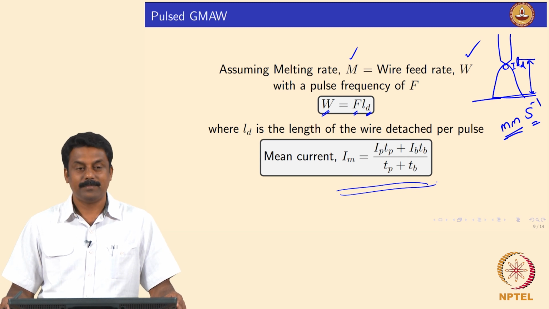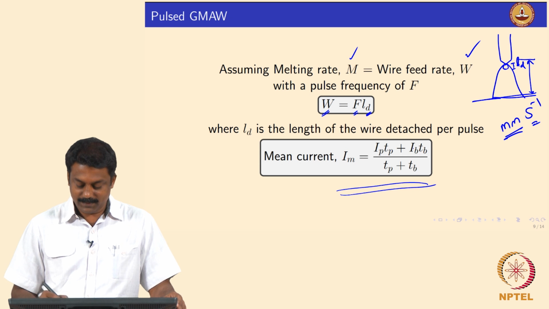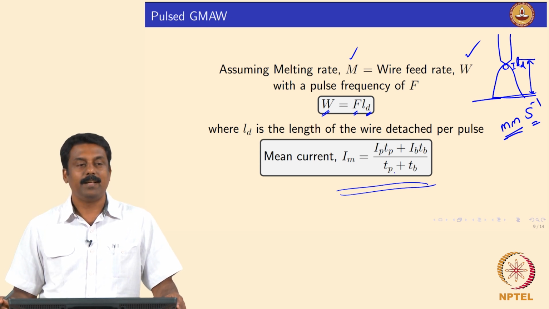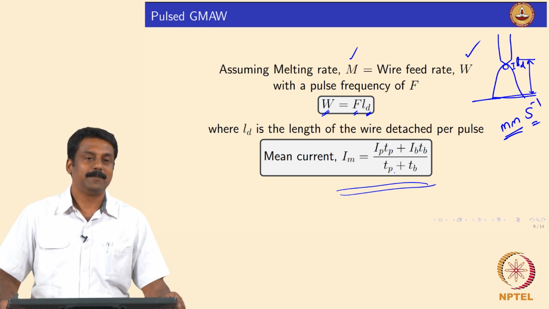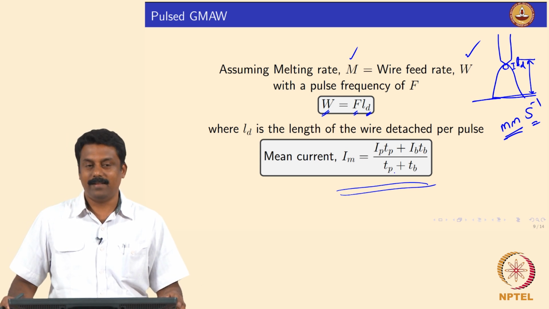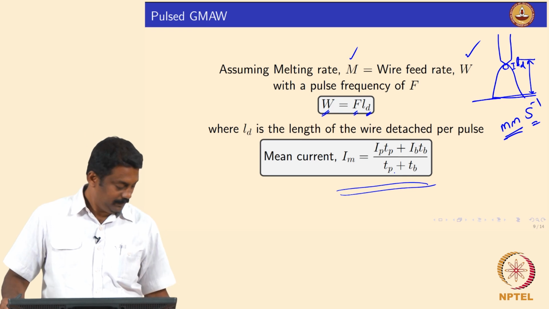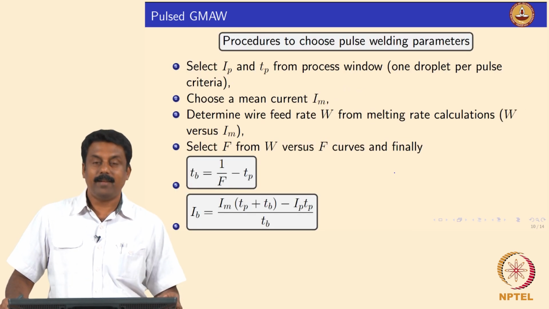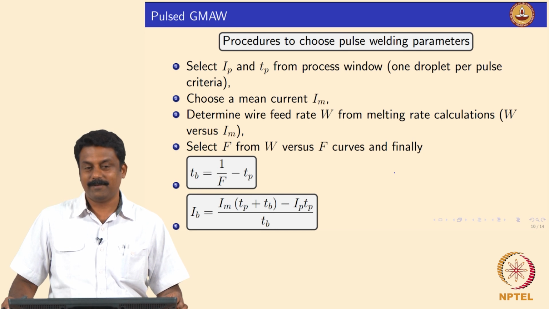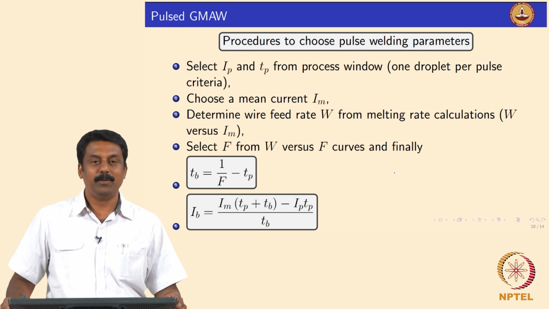And then we have the I mean relationship. So, what is I mean? The mean current, which is IPTP plus IBTB by TP plus TB, a simple average, isn't it, when you have a pulsing current. Now, these two we have, and then we can select the pulsing parameters with these two. How do you do that?